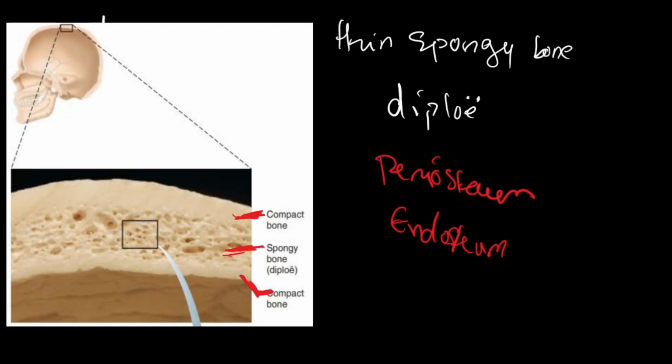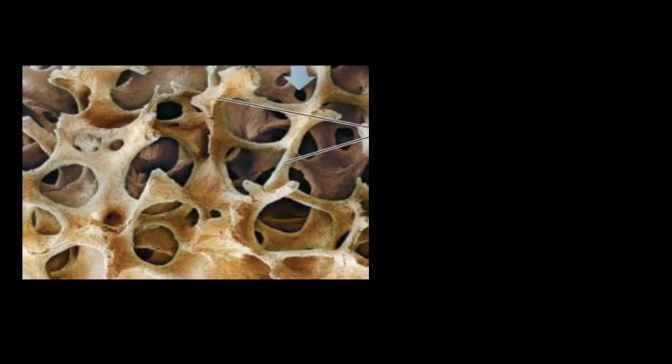Because these bones are not cylindrical, they generally do not have a medullary cavity. The spongy bone, as I stated earlier, has this honeycomb appearance. It's made up of tiny needle-like bones that come together to form this mesh, this network. This is an enlarged image of what the trabecula looks like.